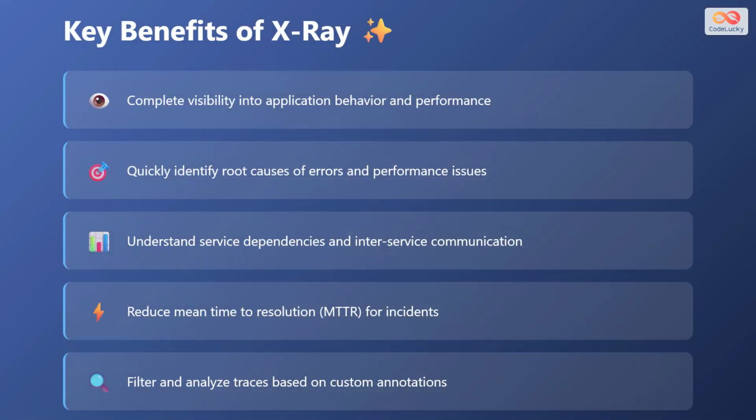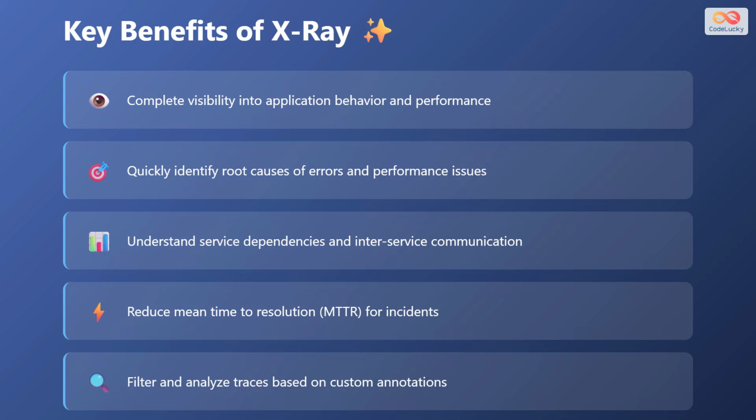Using AWS X-Ray provides several significant benefits. First, you get complete visibility into your application's behavior and performance across all components. Second, you can quickly identify root causes of errors and performance issues, saving valuable time during incident response. Third, you gain a clear understanding of service dependencies and how services communicate with each other.